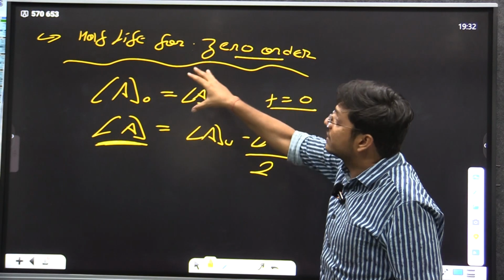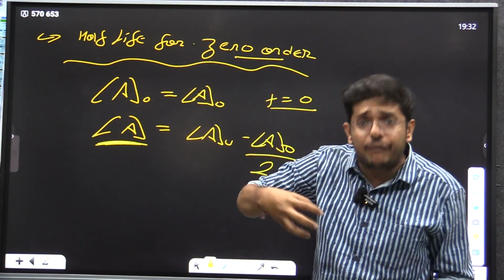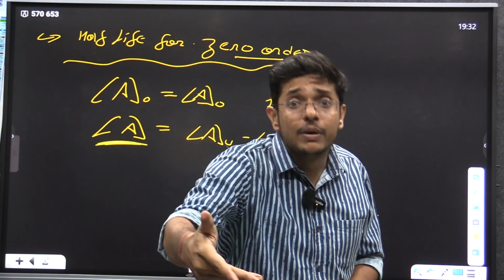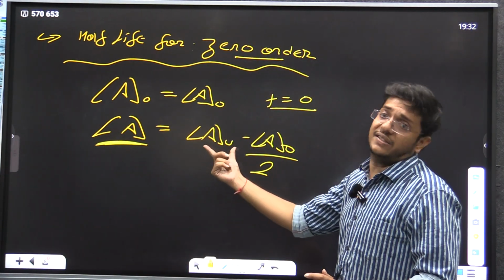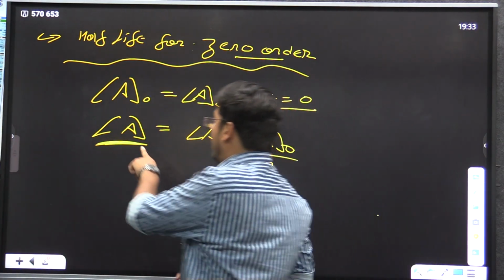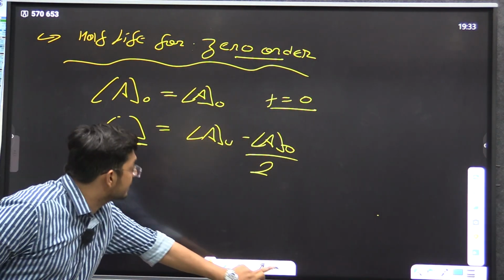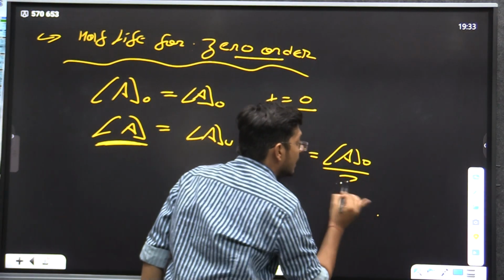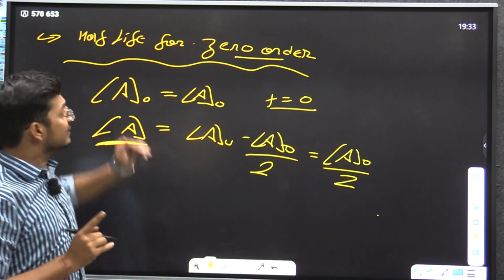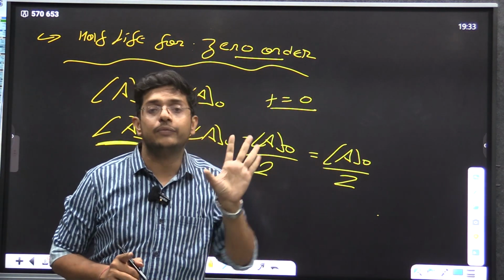That means if someone says half-life, half of the reactant is consumed or converted into product. So the amount consumed is A naught minus A naught by 2, and what is left is half of the initial amount. This is the actual definition of half-life.